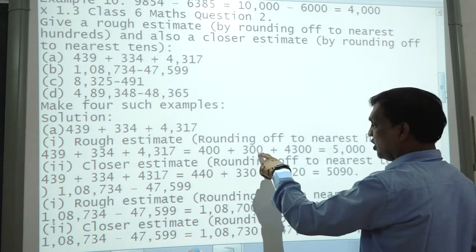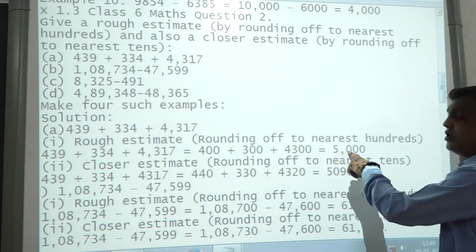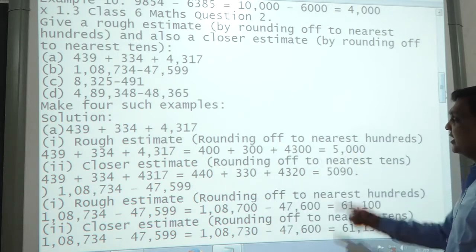Now add all these numbers, and the answer is 5,000. This is the first question, nearest to 100.